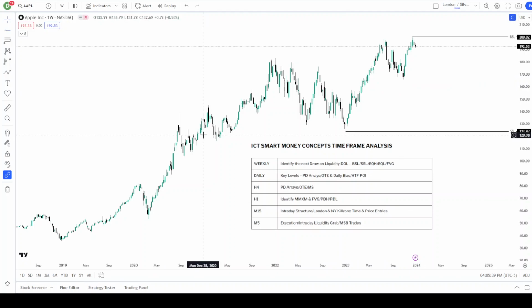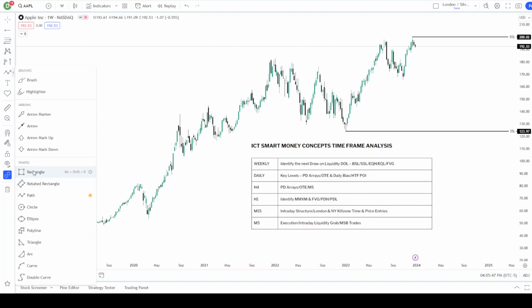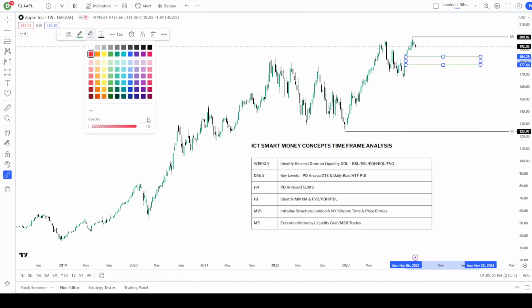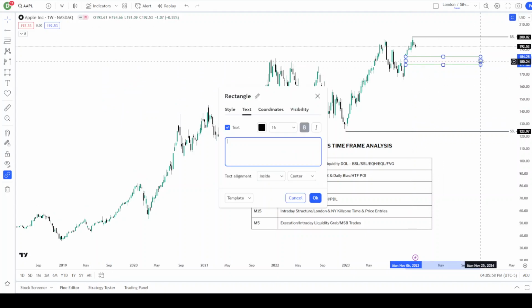And then let's see if there's any recent displacement that we can monitor as far as fair value gaps go. And I definitely see a bullish fair value gap here. That's going to be of interest. And that's going to be a 1 week fair value gap plus.